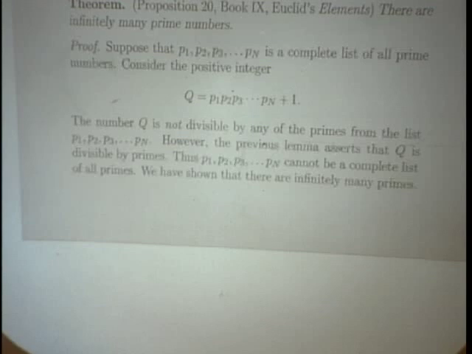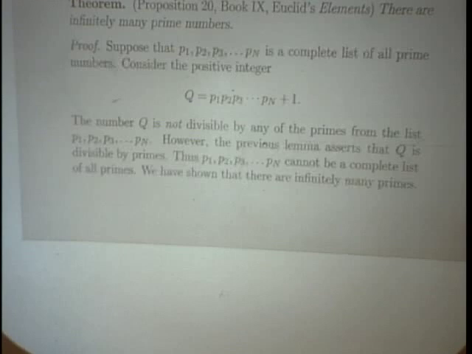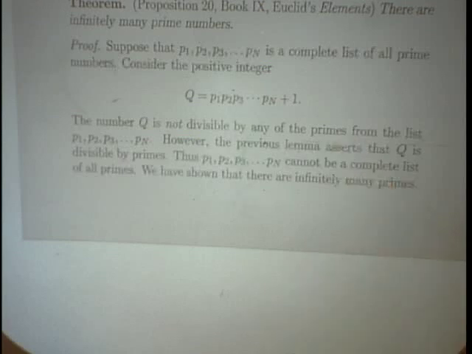Suppose, contrary to the statement of the theorem, that you thought p1, p2, through pn was a complete list of all prime numbers. Well, you could multiply p1, p2, and so forth together, and then you'd have a number that was divisible by all the primes. So if you add 1, and you form the number capital Q, then you see the number capital Q could not be divisible by any of the primes on your list, because you're always going to get the remainder 1.